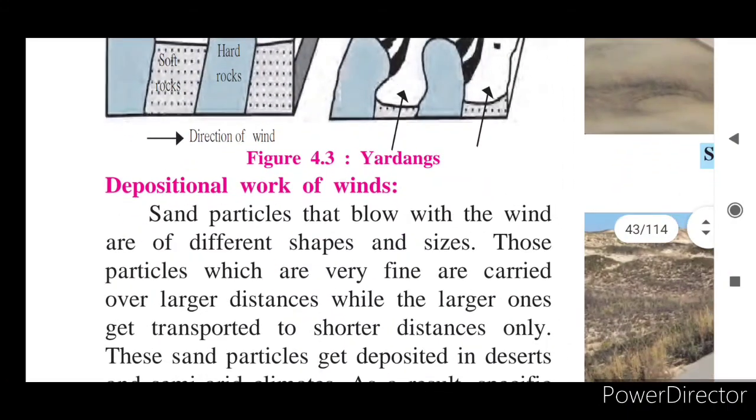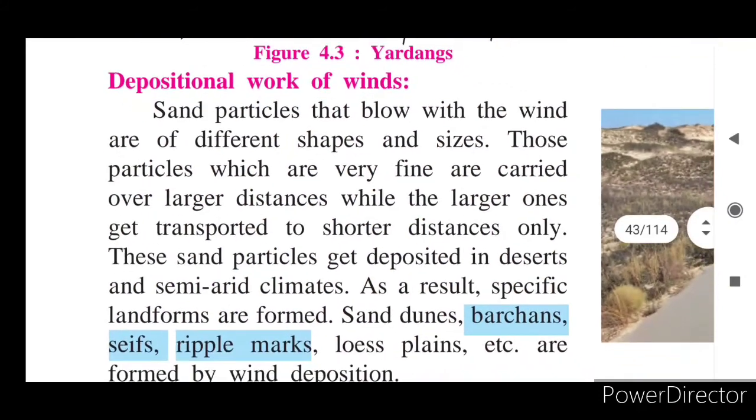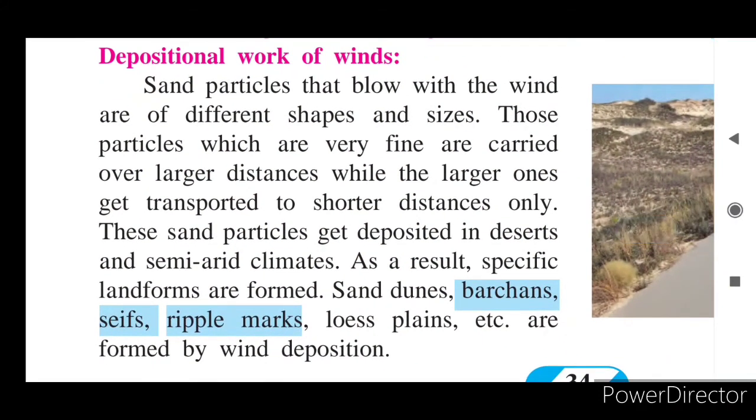Now first this work, that 4.3 we have seen. Now depositional work of wind that we will see. Sand particles that blow with the wind are of different shape and size. Those particles which are very fine are carried over a larger distance, while the larger ones get deposited at a shorter distance only.